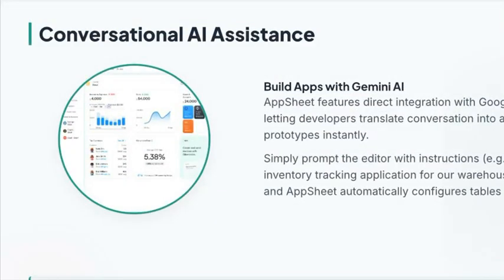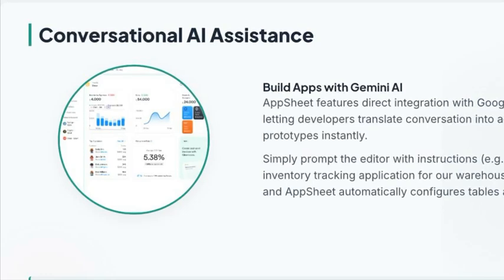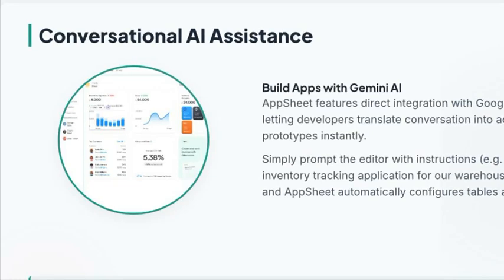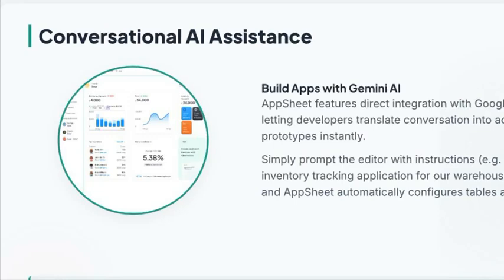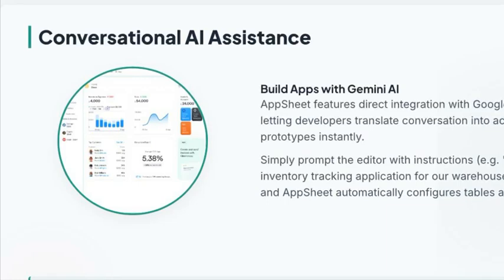So, to accelerate this creation process even further, Google has integrated its world-class generative AI, Gemini, directly into the AppSheet creator interface. Imagine sitting down at your computer and simply typing, I need an app to track our warehouse inventory levels, log incoming shipments, and flag low stock.